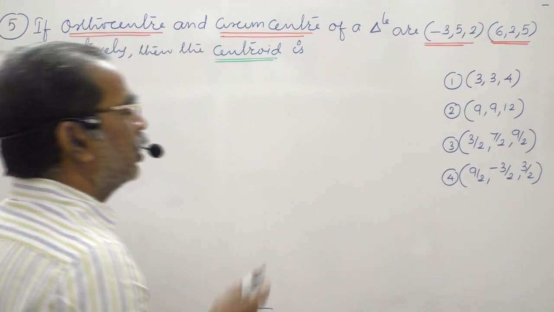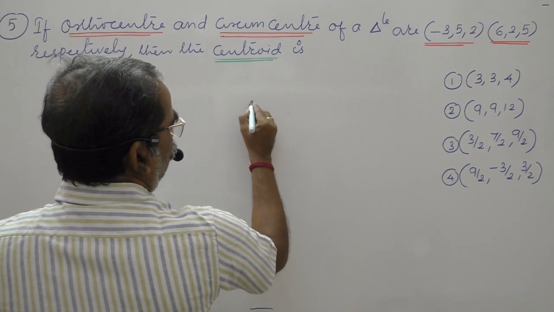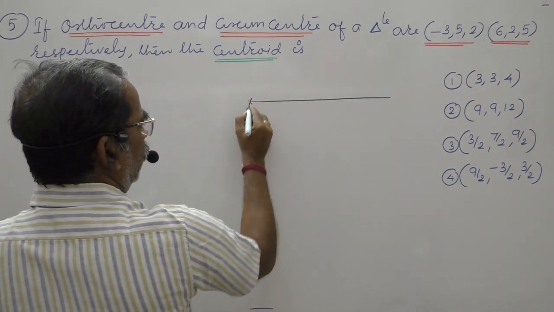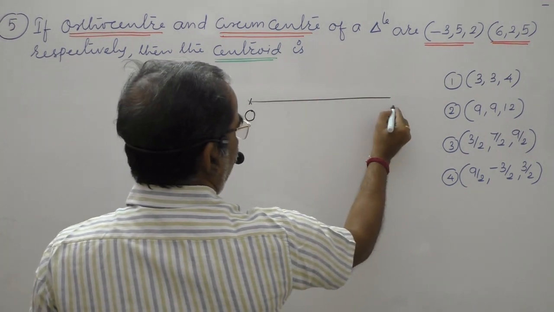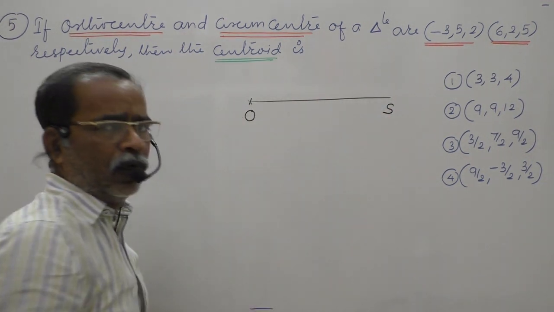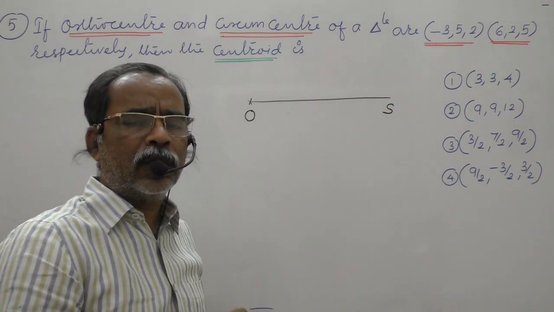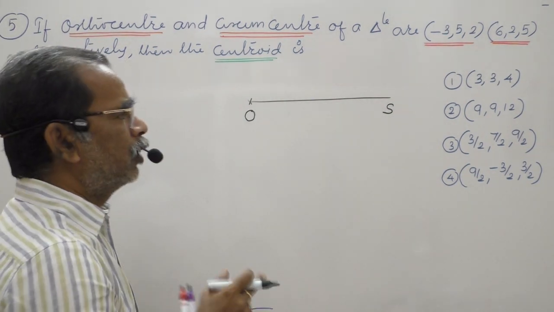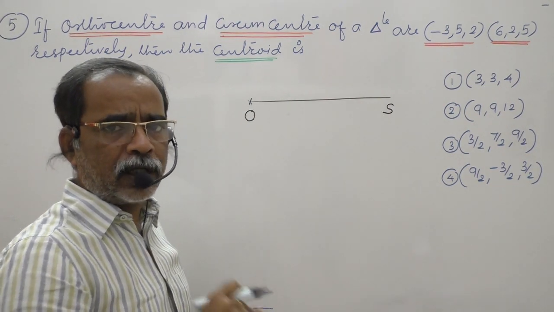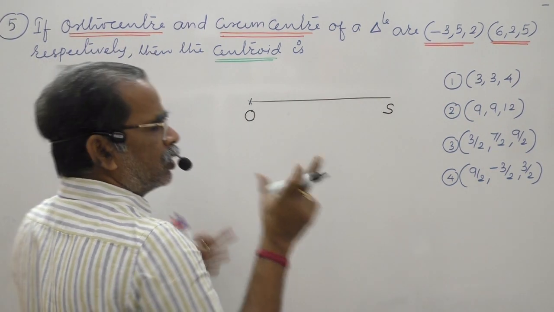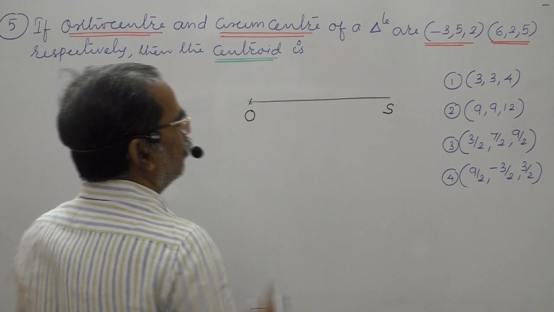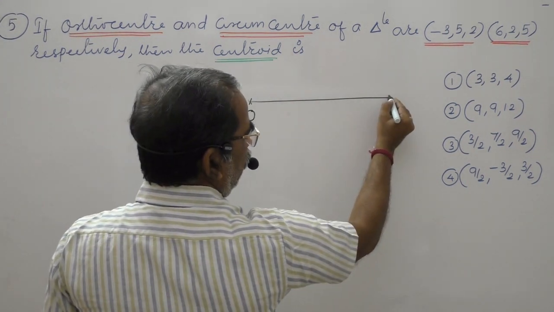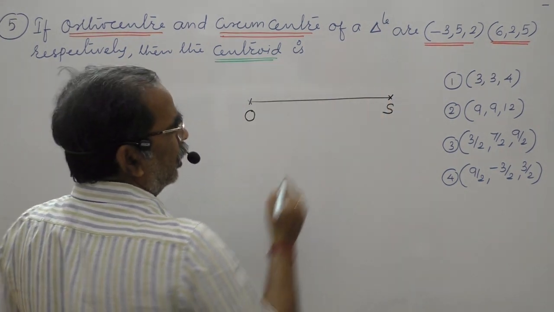Listen. In any triangle, the orthocenter, circumcenter and centroid are collinear. That means they will be lying on the same line. If you consider only those three, on the extreme left there will be the orthocenter, on the extreme right the circumcenter will be there.